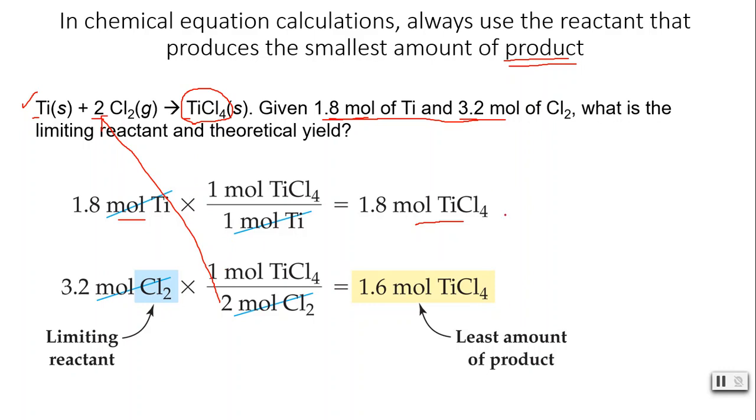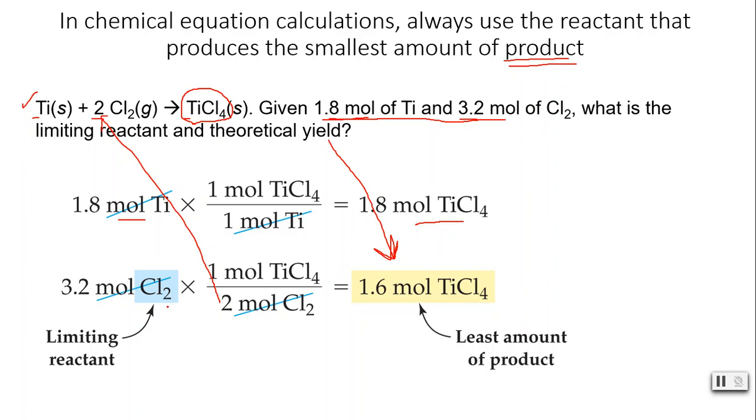And so looking at both of these calculations, I see that I get the least amount of product when I have chlorine as the reactant, because 1.6 is obviously smaller than 1.8. So this 1.6 moles of TiCl4 is the least amount of product, so this would be the theoretical yield.